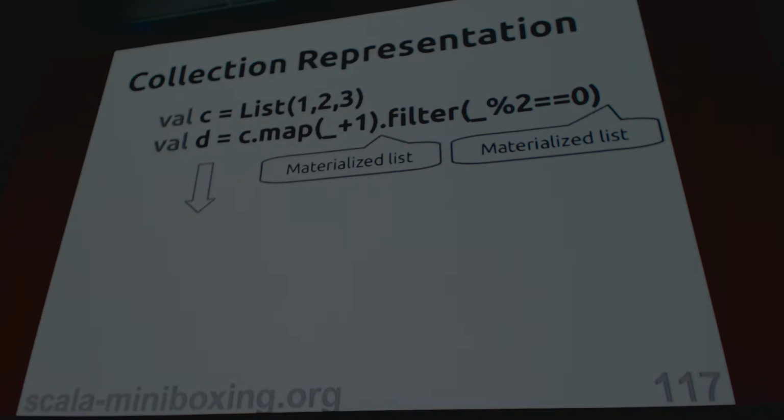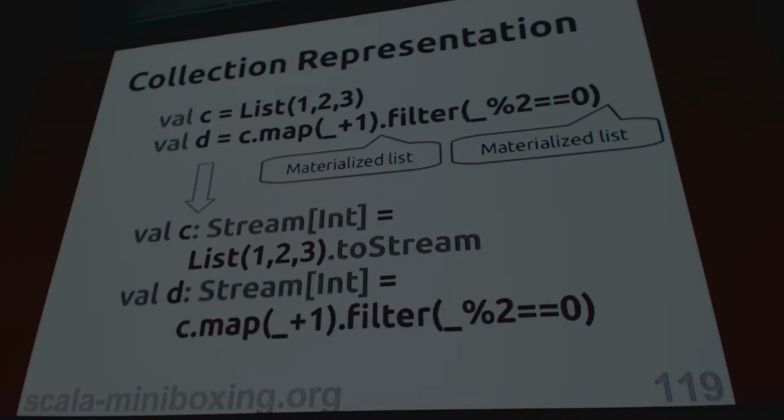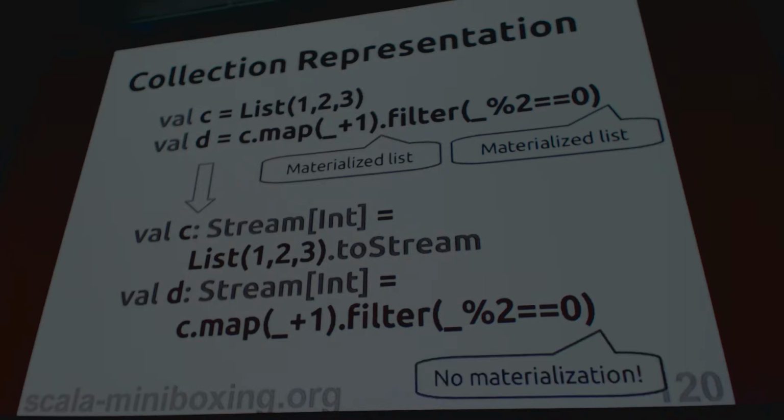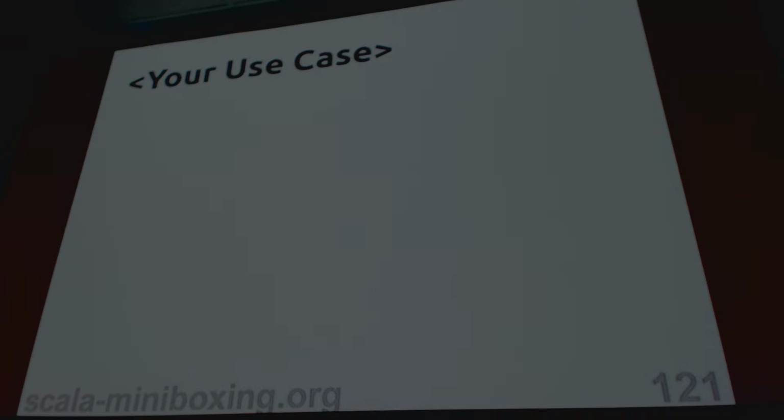And this could be avoided very well. For example, if you replace C by a stream, knowing that the closures are pure, the functions are pure, and again replace D by a stream, well, you wouldn't have any materialization, any garbage at all. So you get away with mapping and filtering for free. Well, not for free, but at least without garbage and overhead.